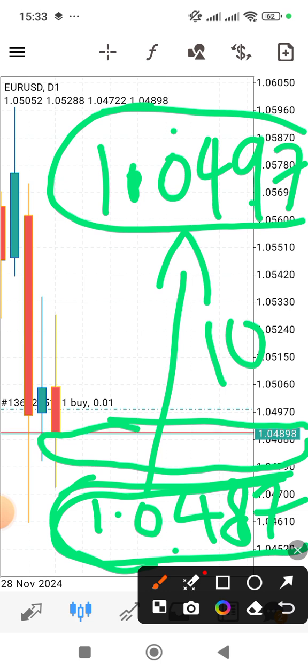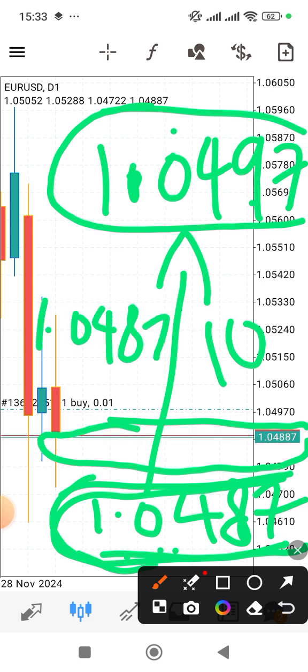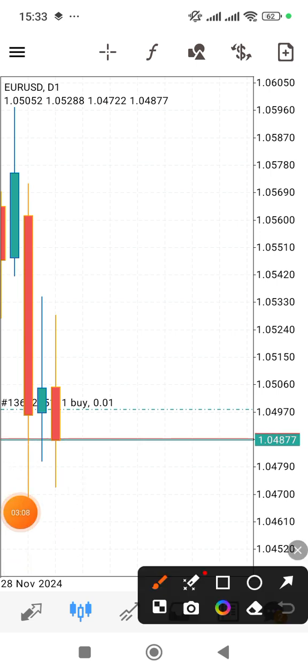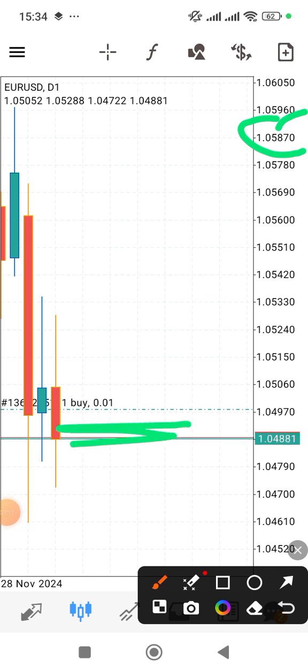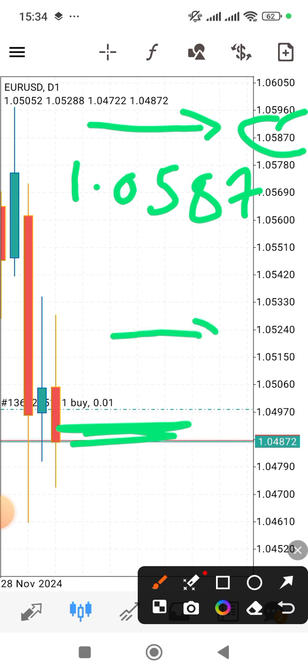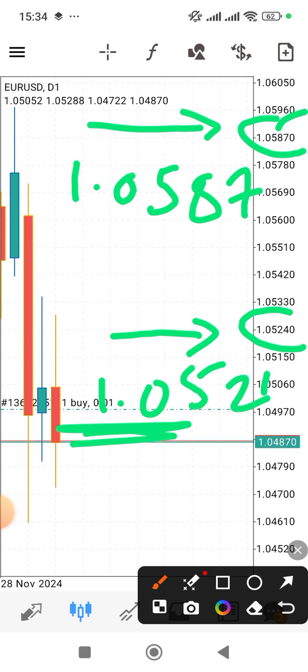How did we calculate it? It will take 1.0487. If you add 10 to it, you will get to 1.0497. The same way, let's say the price is here at 1.0587, and later on you check and the price has gotten to 1.0524.